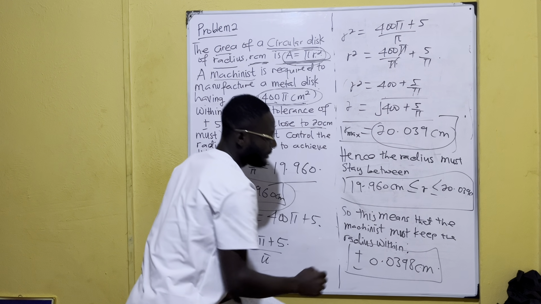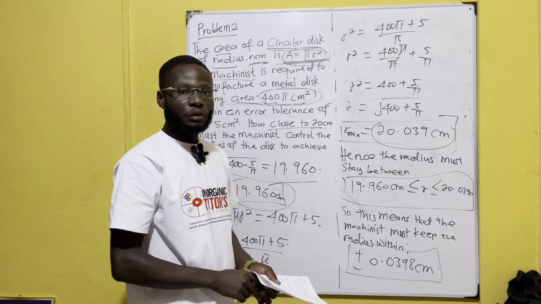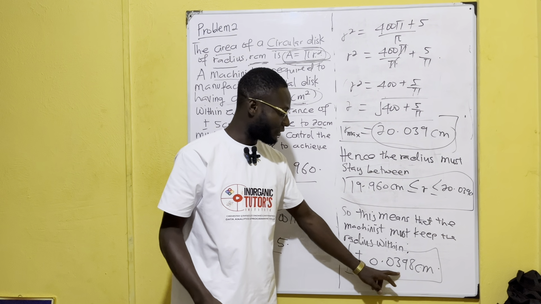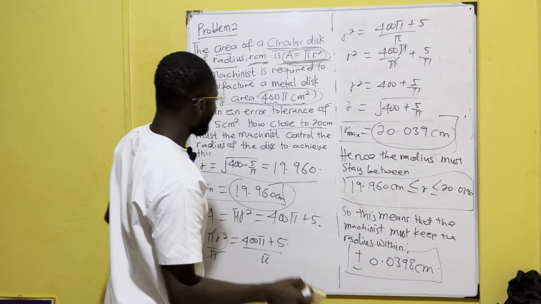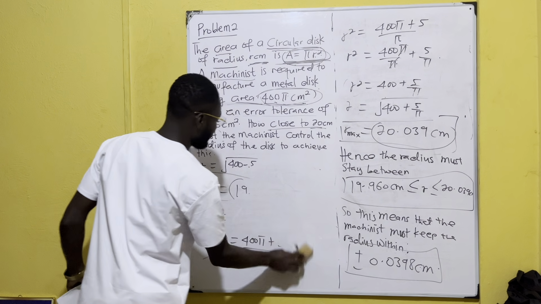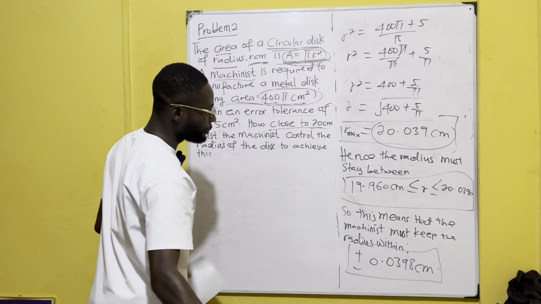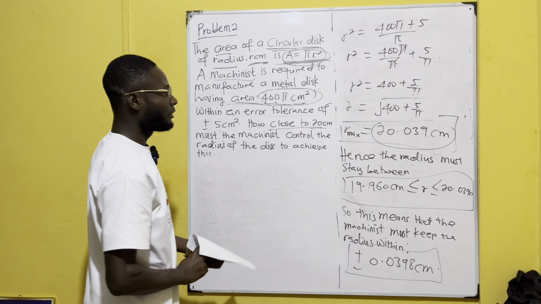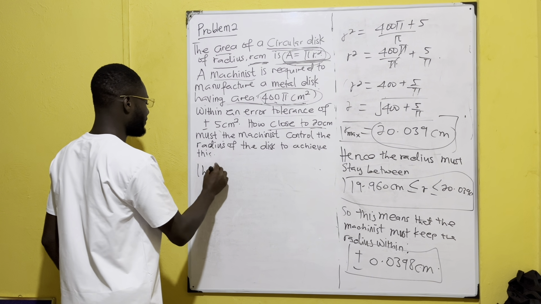So the mechanics must keep the radius within plus or minus 0.0398 centimeters. Okay, so that is the end of the work. Okay, I'm just trying to add this beautiful sentence.